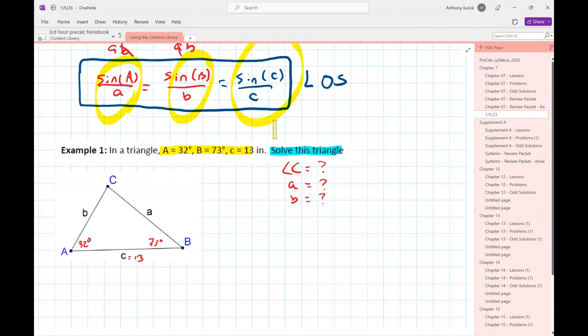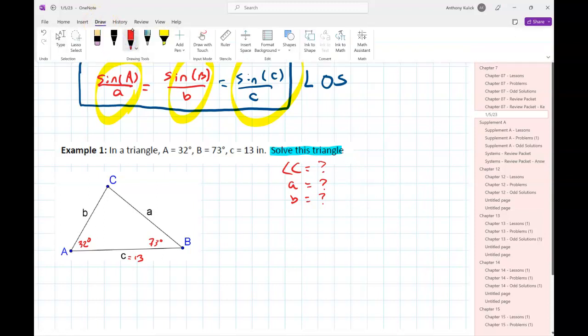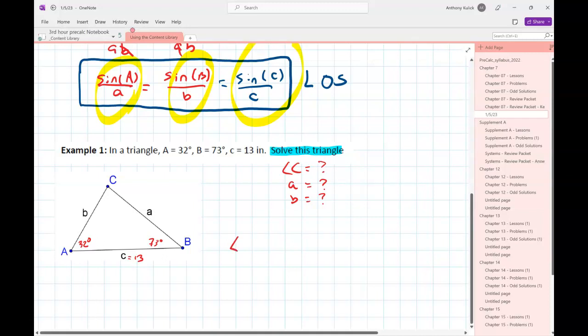Everybody see that? So we need to find angle C first, and we can do that pretty easily.